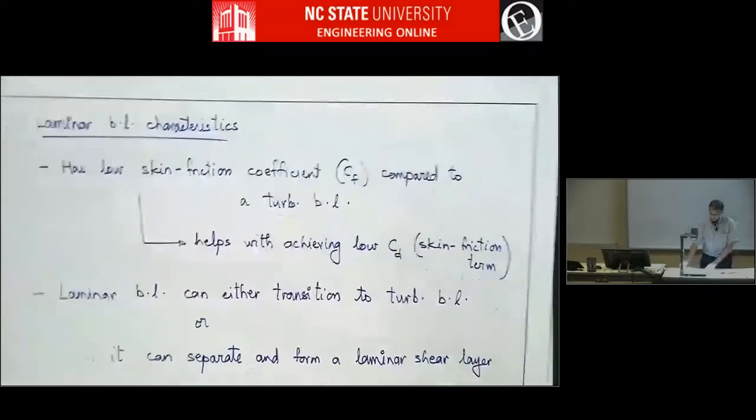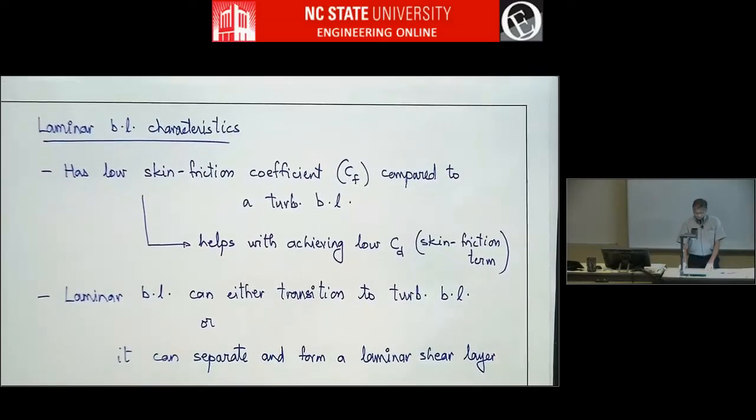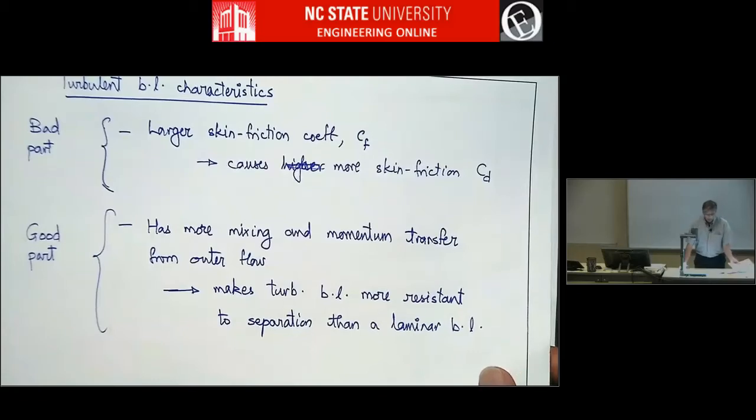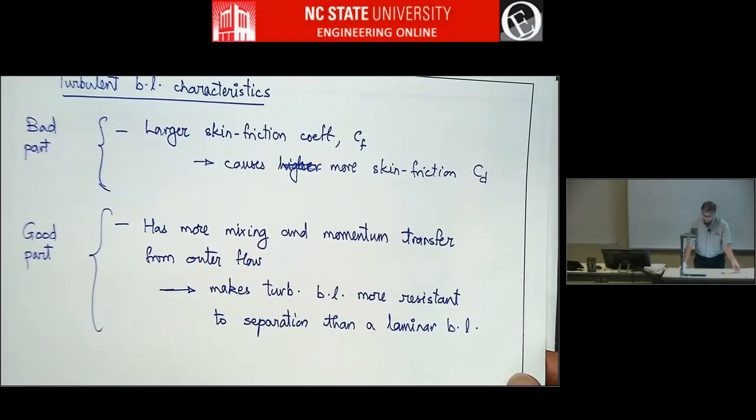So in the last class we started talking about boundary layer characteristics. We talked about laminar and turbulent boundary layers. A turbulent boundary layer has more skin friction, that's the bad part.